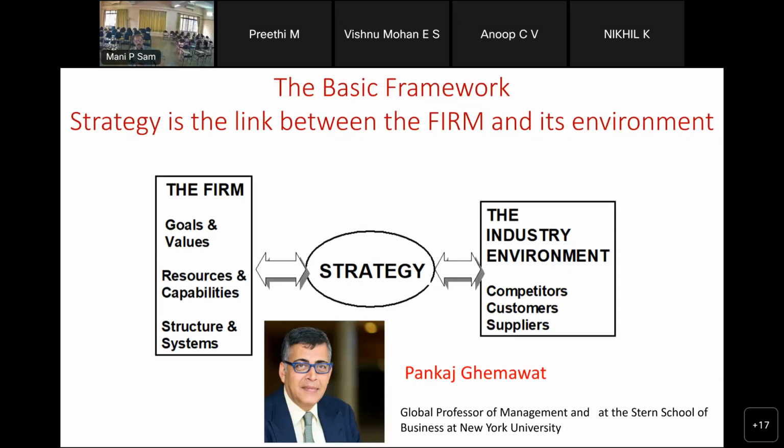So the firm has its goals, values, resources, capabilities, and it has a structure and system. But what connects what is internal to an organization with what is external, where the business is conducted, for whom the business is conducted? So strategy is the most important connecting factor between the firm and its environment.